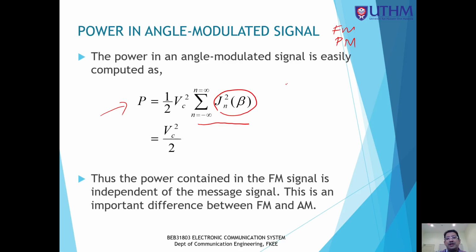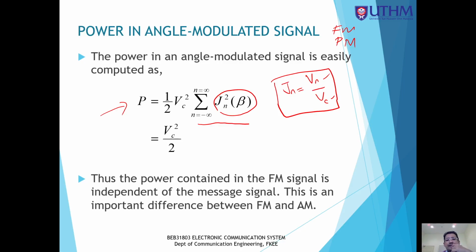Jn is equal to Vn over Vc, the ratio of the real amplitude over the carrier amplitude. So we have the summation of Jn square from minus infinity to infinity.